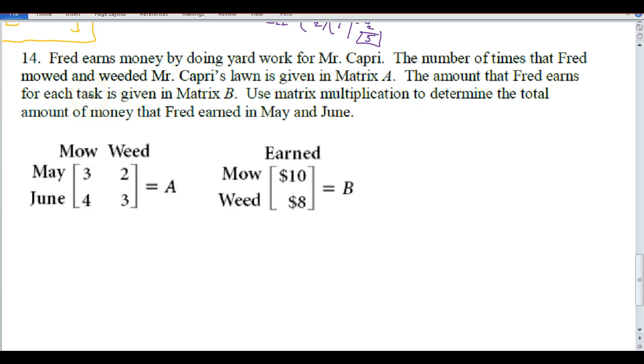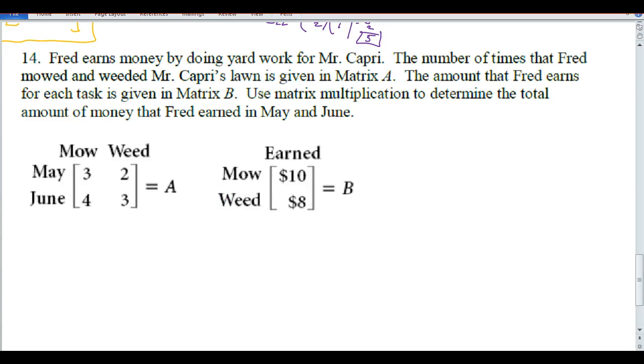The amount that Fred earns for each task is given in matrix B. Alright, so I guess he earns $10 for every mow and $8 for every weed. Use matrix multiplication to determine the total amount of money that Fred earned in May and June.